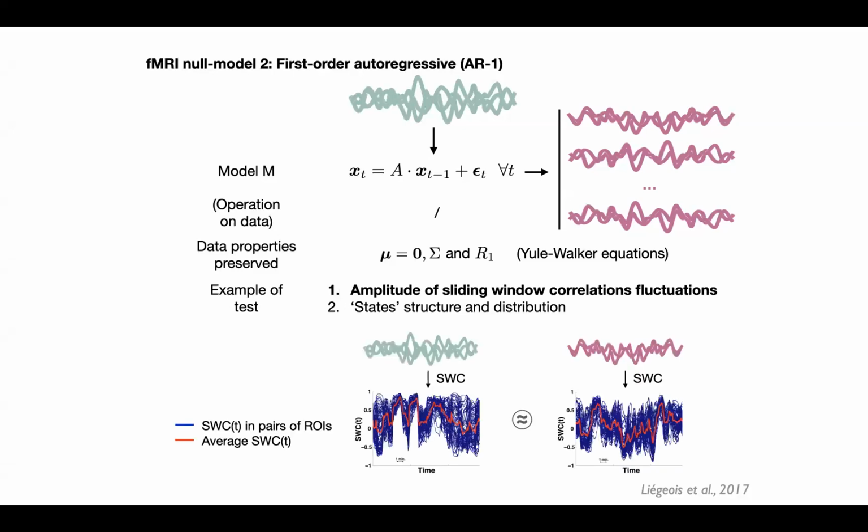Just mentioning here that that's a test that we did in this paper from 2017, and we show that it's actually not that easy to distinguish original from AR1 surrogates in this case.